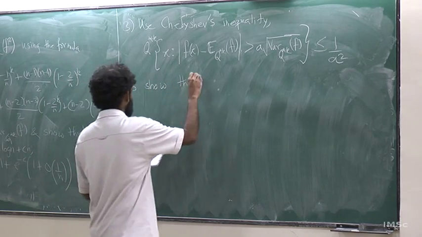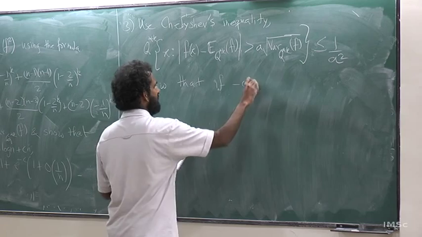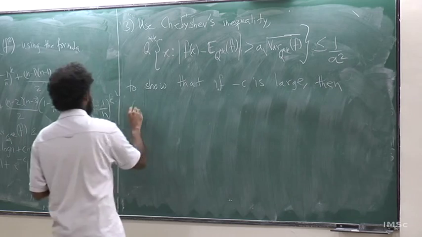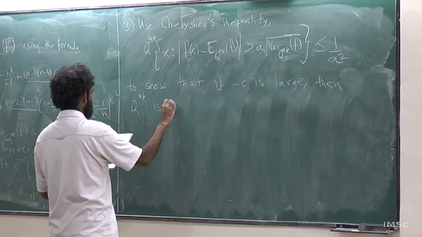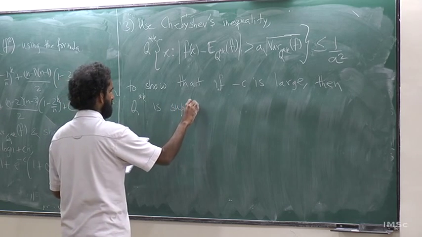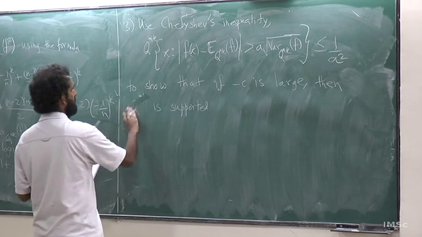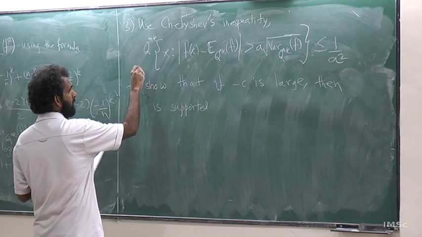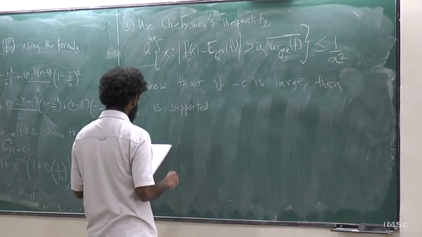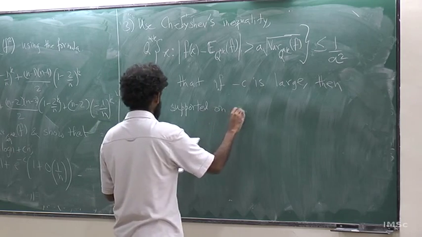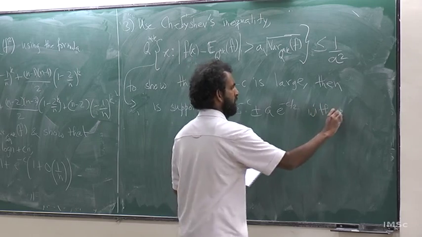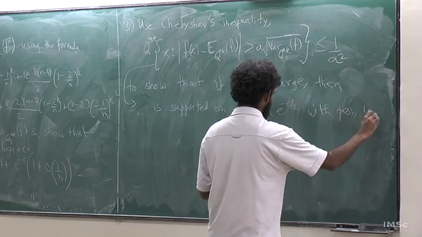use this inequality to show that if minus c is large, then q star k is supported on e to the minus c plus or minus a e to the minus c by 2 with probability 1 by a squared.